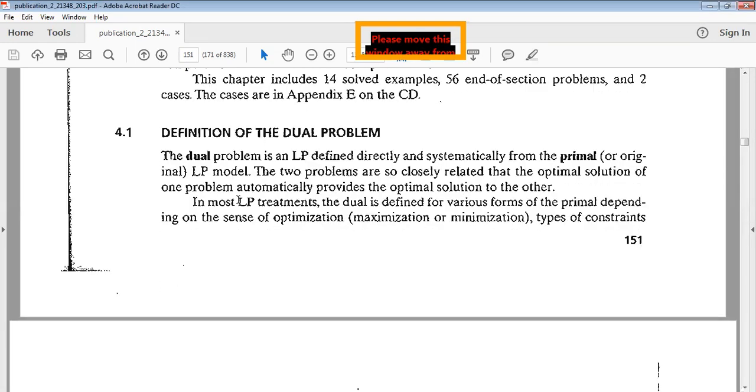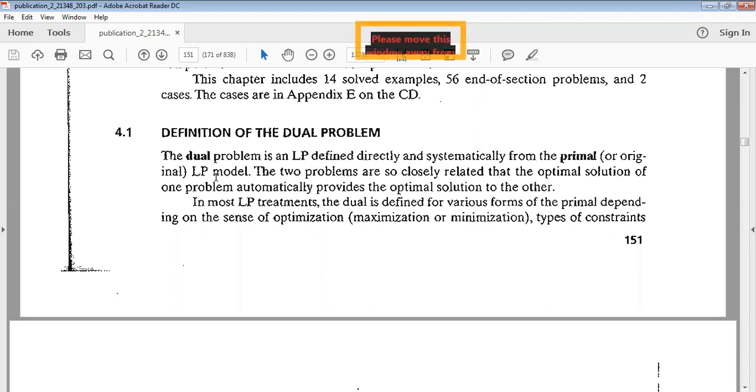Definition of the dual problem. The dual problem is an LP defined directly and systematically from the primal LP model. So the problem which was given to you is going to be called the primal problem, that is the original problem, the primal linear programming problem.